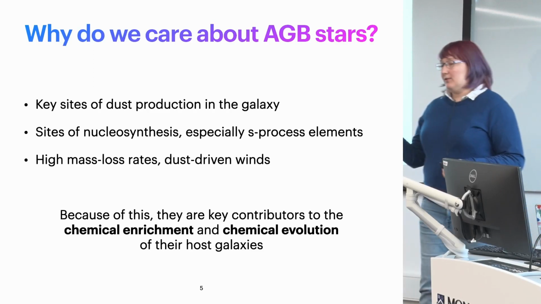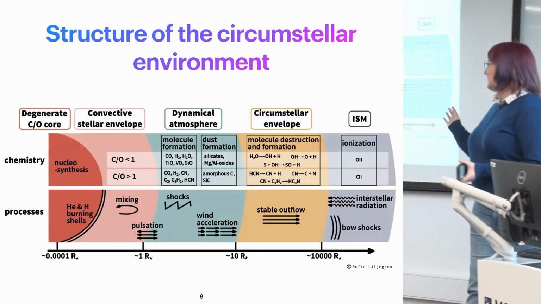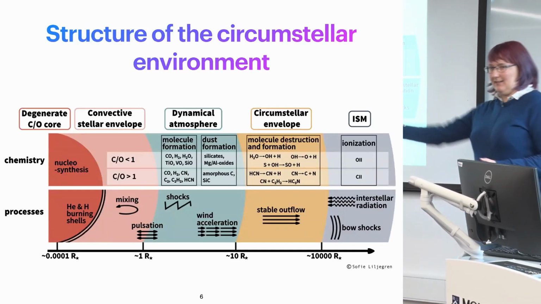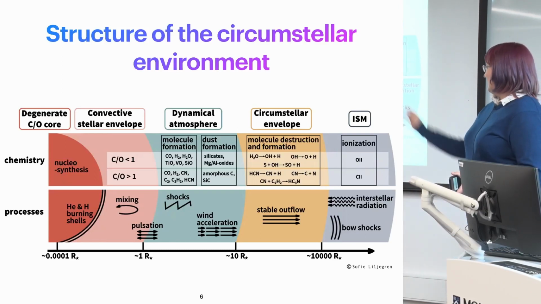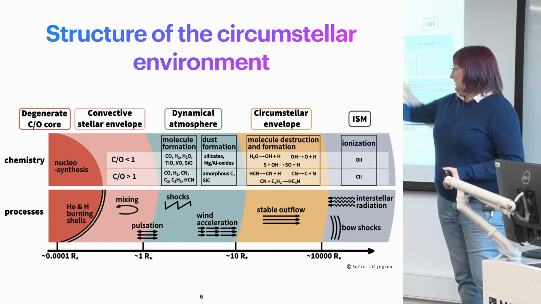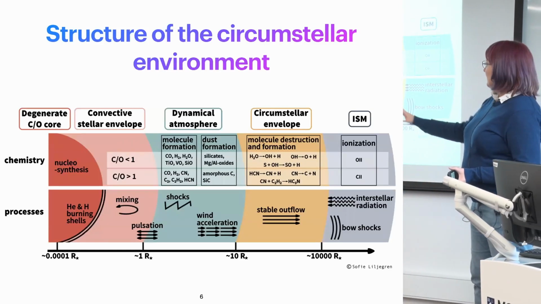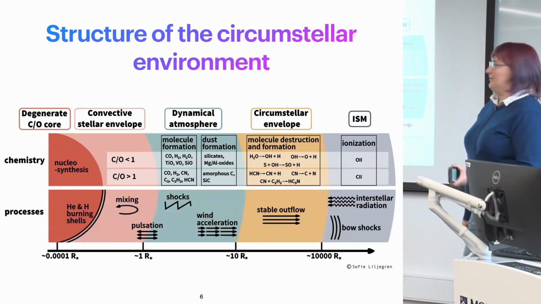I mainly study molecules in the circumstellar environments of AGB stars. And here is a schematic. I emphasize, not to scale. Please look at the x-axis of the star and circumstellar environment. We have the actual star where there's nucleosynthesis, the convective stellar envelope, not to be confused with the circumstellar envelope.